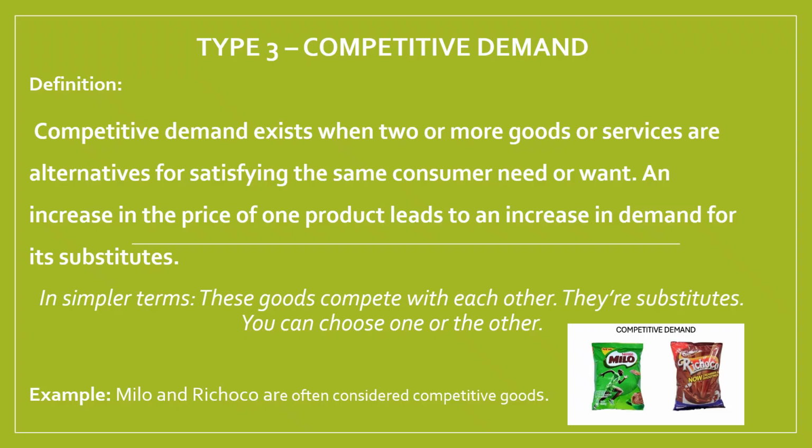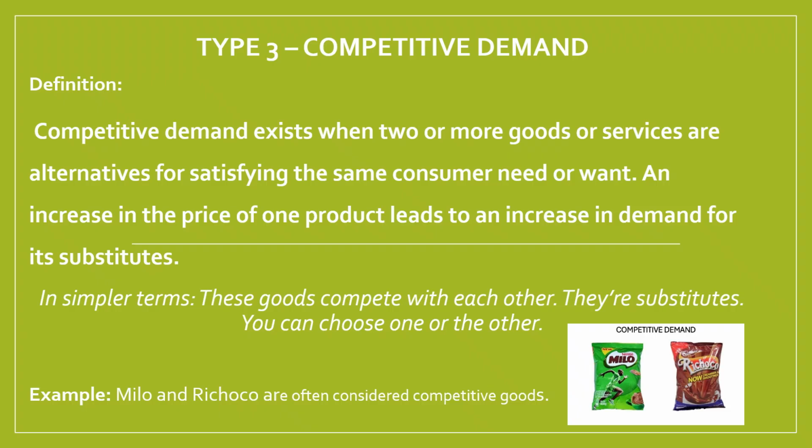So example, Milo and Rich Choco. Or we can talk about Ideal Milk and that of Carnation Milk, Peak Milk or Pomo, and what have you. Here, both Milo and Rich Choco are chocolate drinks.